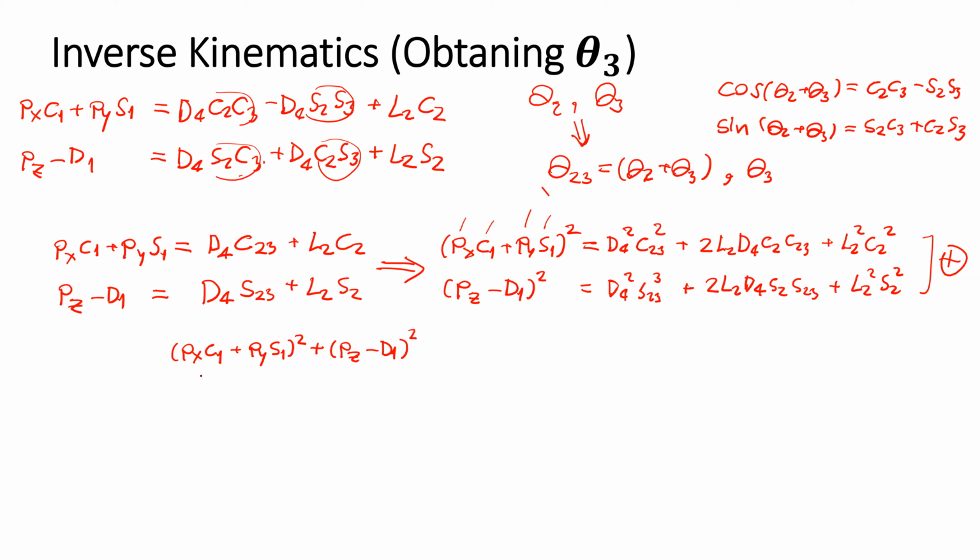We know everything for the left-hand side. We know the position that we want. We know the sine and cosine of theta 1. We know the robot parameter D1. How about the right-hand side?